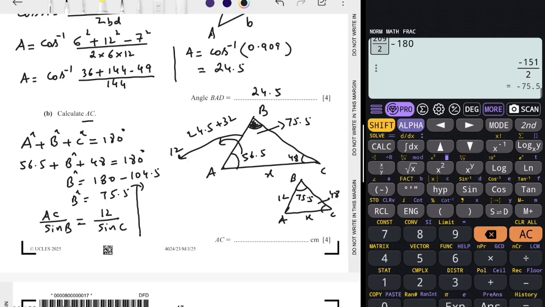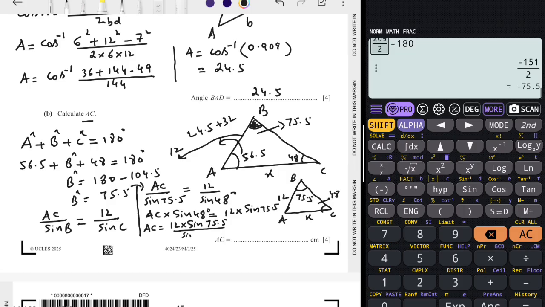So AC we have to find out, and sine B, that is sine 75.5, is equal to 12 over sine 48. So we have to cross multiply: AC into sine 48 is equal to 12 into sine 75.5, and AC is equal to 12 into sine 75.5 divided by sine 48.